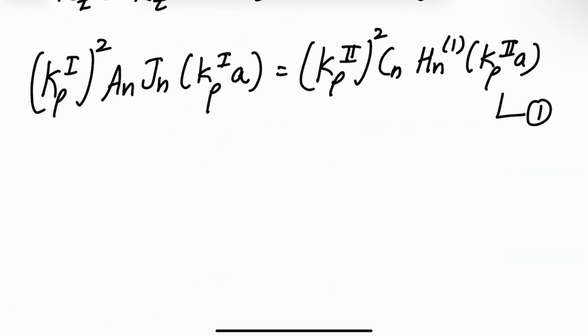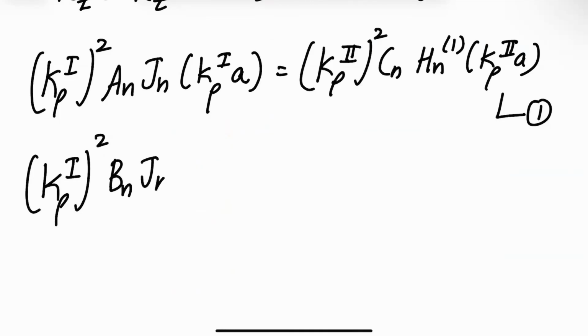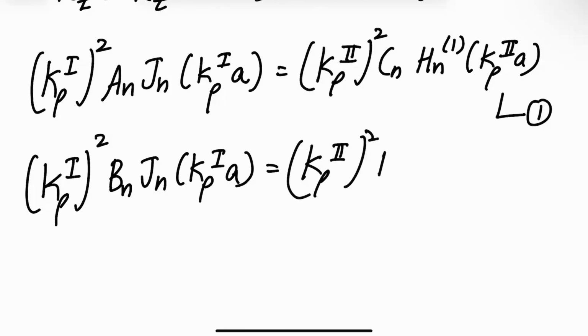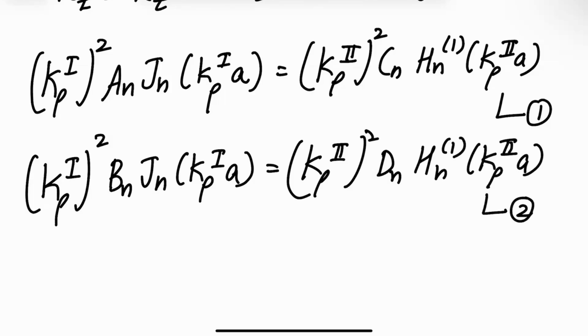And then from the H field, B_n, J_n(k_rho1 a) is equal to k_rho2 squared, D_n, H_n^(1)(k_rho2 a). So this is the second equation.